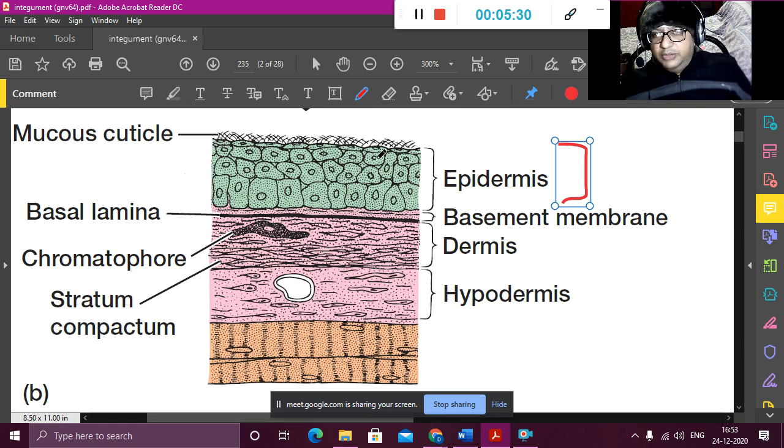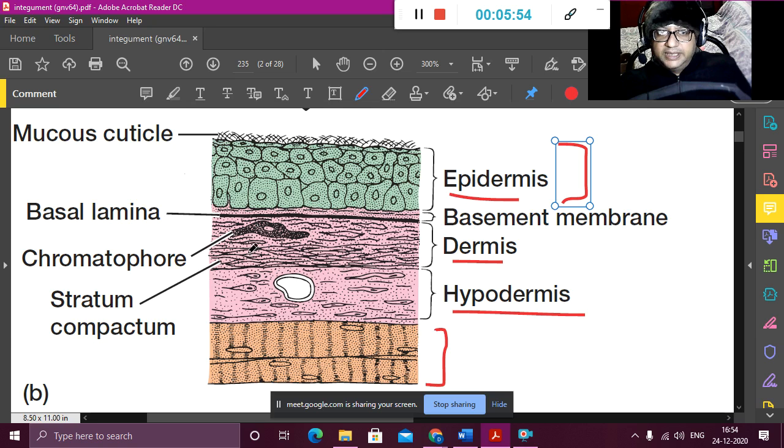So you have the epidermis here. Below that, this thin layer is the basement membrane. Below the basement membrane, you can see the basal lamina. Then you have the dermis, then the hypodermis below the dermis, and these are the muscle layers here.